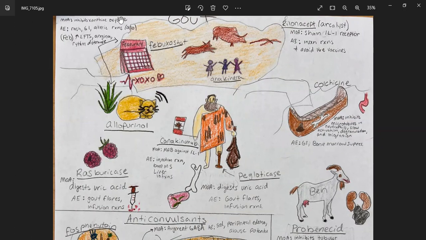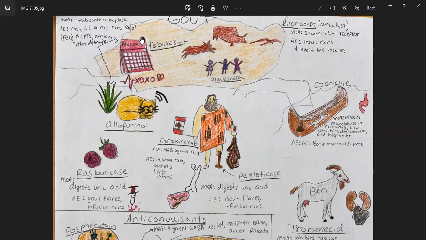Like they both have the same mechanism of action, but they have slightly different adverse effects. So the allopurinol has these ones, and then febuxostat has these ones. But anyway, this is a cat who's purring, and he's by an aloe plant, so allopurinol.